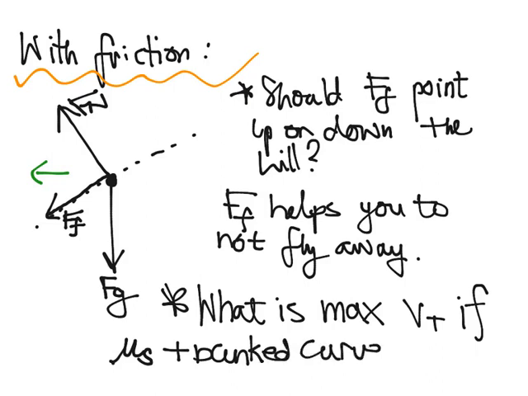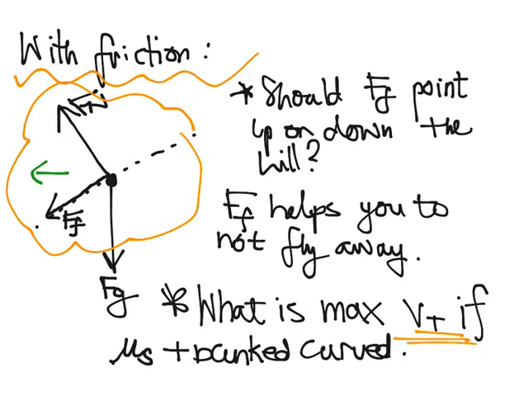So kind of like I just did, I want you to use this force body diagram, use Newton's second law, and try to figure out what is my maximum Vt. Alright, so go ahead and try to do this. Try to at least write out Newton's second law, and then come back to this video.